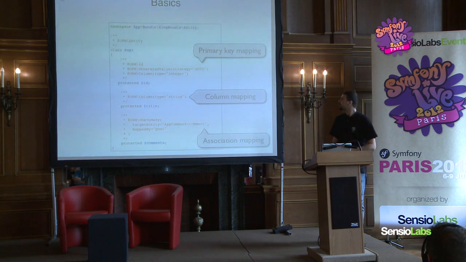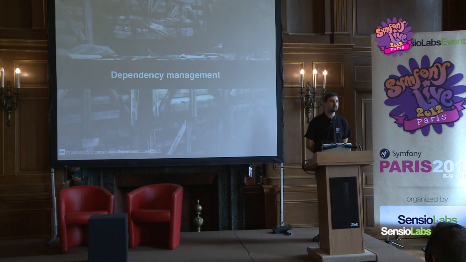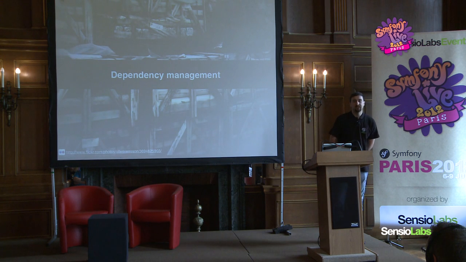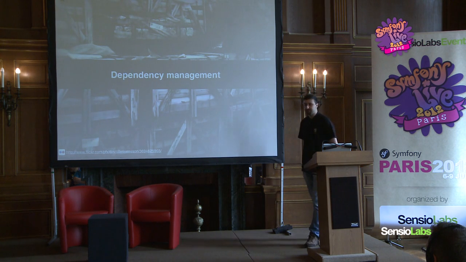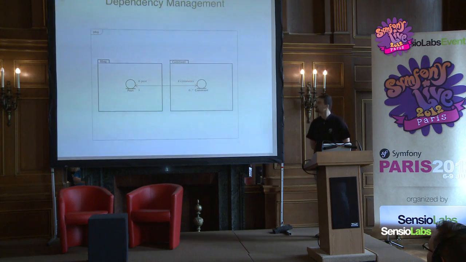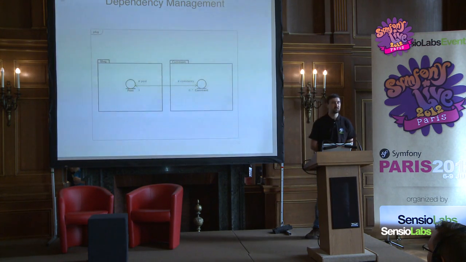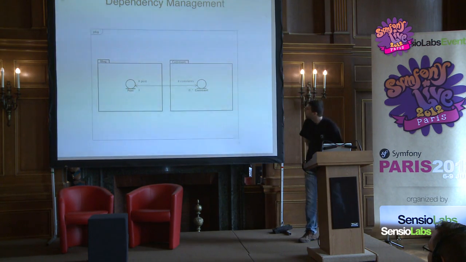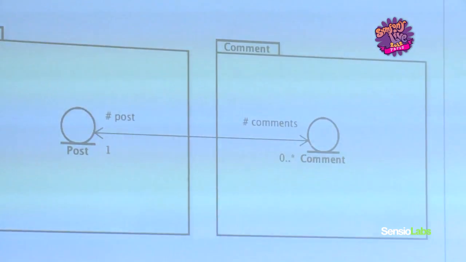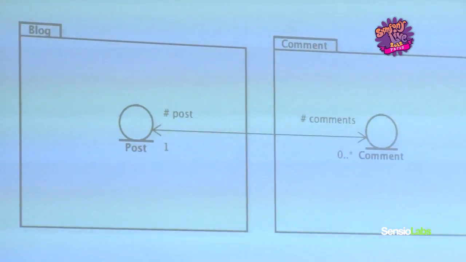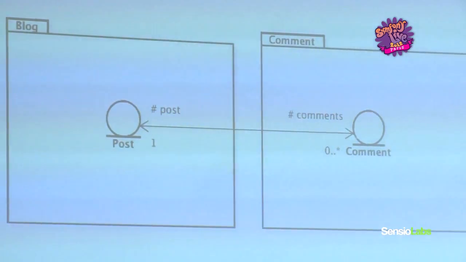Anyway, so first topic, dependency management. What I usually see every time that I look at the code is how this code is actually implemented. And for my surprise, usually I see different bundles, for example, a blog bundle and a comment bundle, and then you have blog post having a list of comments, and comment pointing to one post.